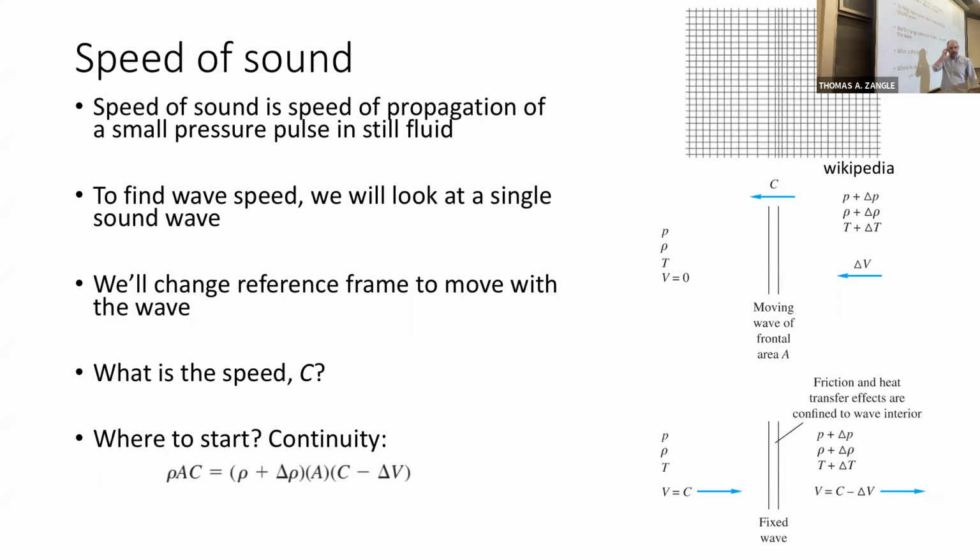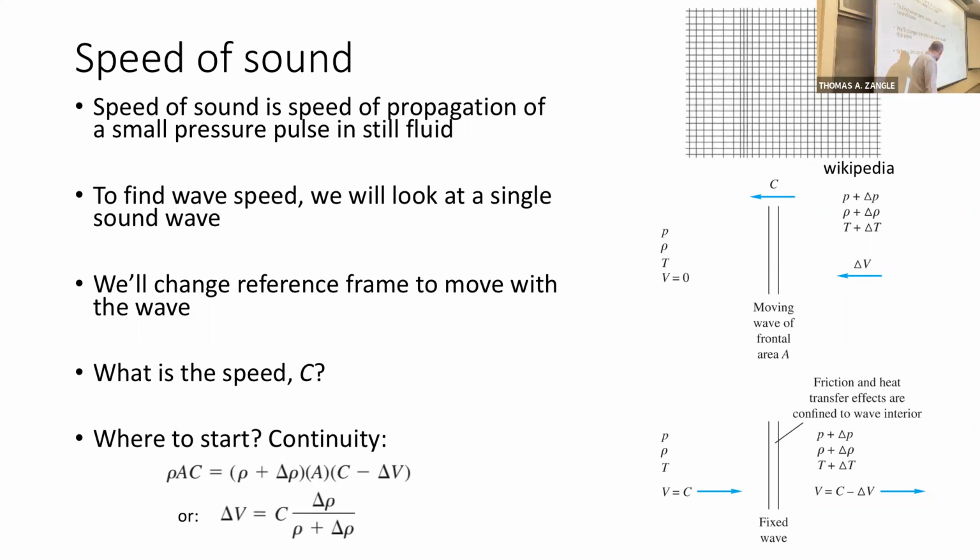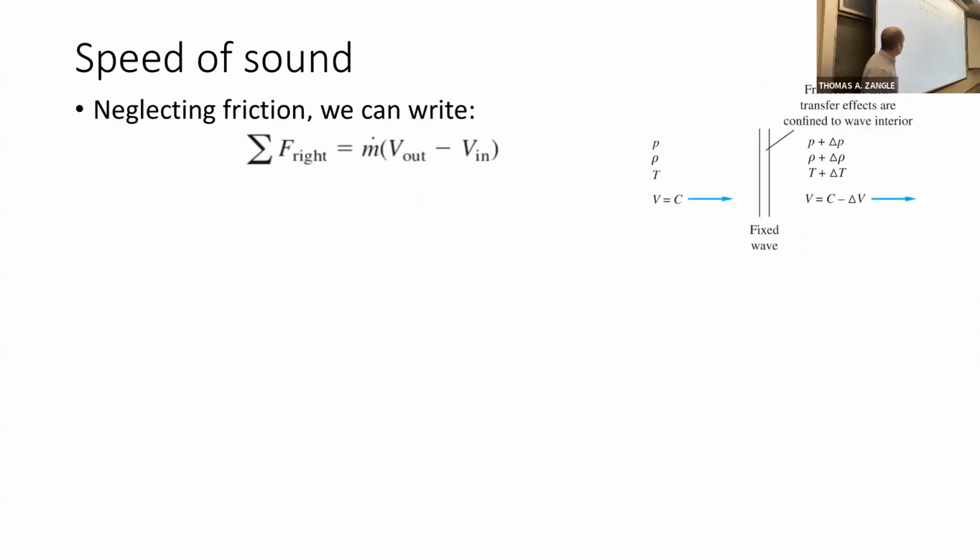We don't yet know what those are, and we can relate them this way. So delta V is C times delta rho over rho plus delta rho.